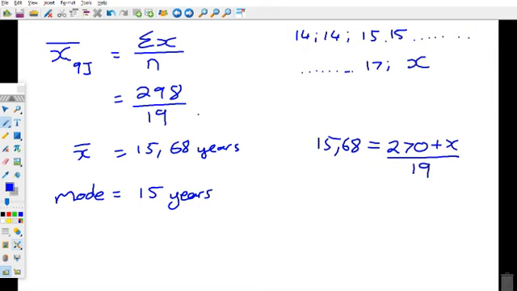Do you see? I've used my average: the sum of all the points put together, divided by 19, because there are 19 of us in the class.